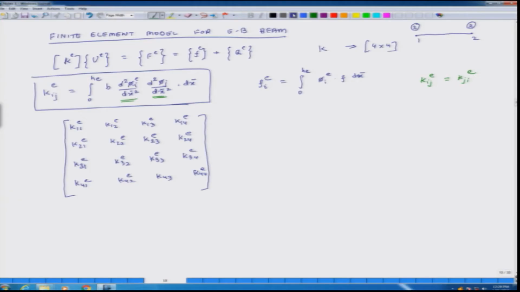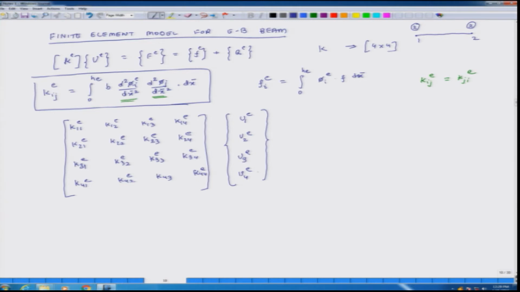So, this matrix is multiplied by a generalized displacement vector, which has u1, u2, u3 and u4.